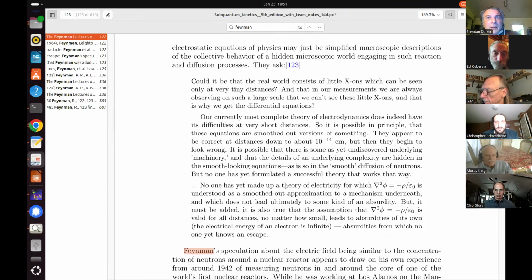No one yet has made a theory of electricity for which del squared phi equals minus the charge density over the permittivity of free space is understood as a smoothed out approximation to a mechanism underneath, and which does not lead, so that's one of the main forms of equation of electrostatics, that's part of Maxwell's equations, and which does not lead ultimately to some kind of absurdity.